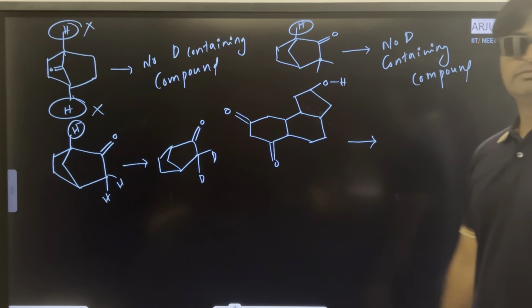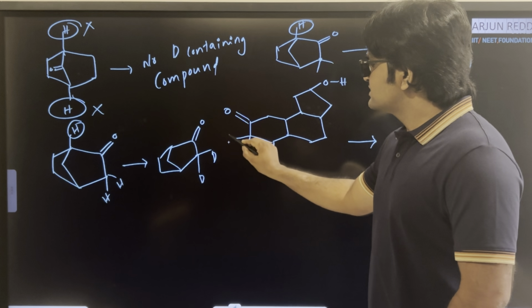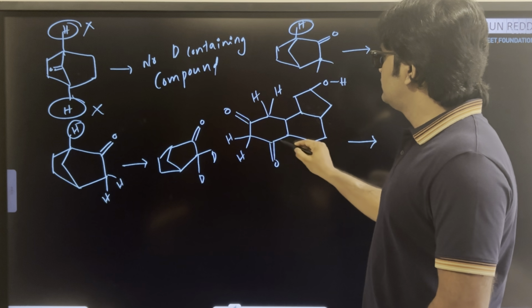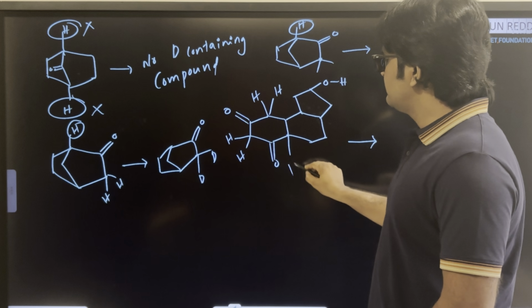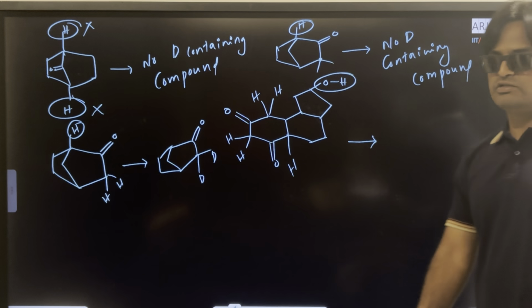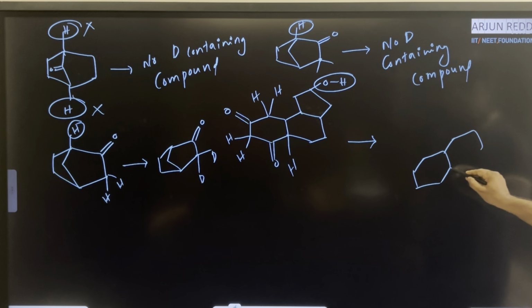Come to this example. Here carbonyl functional groups are there. Here you can select 2 hydrogen atoms from this carbon, again from here 2 hydrogens, from here 2 hydrogens, and OH also giving acidic hydrogen. That means what about your product? This is our product.